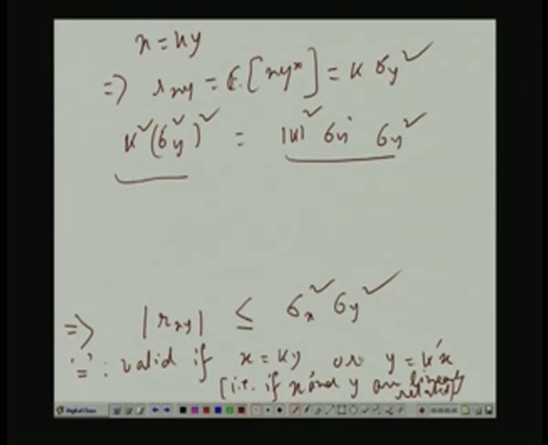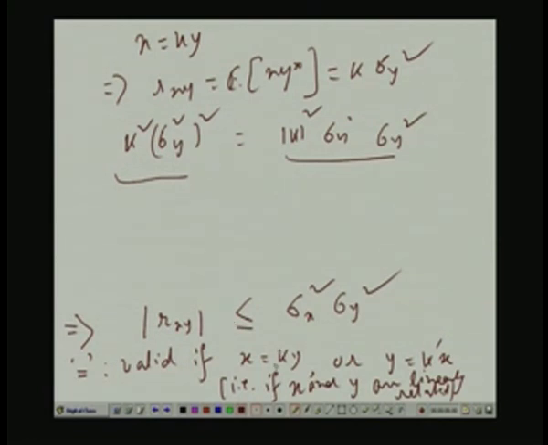Similarly, when y is the 0 random variable and x is not, I can write that as y equal to k prime x where k prime is 0. So, these two cases, x equal to k y or y equal to k prime x, take care of all types of linear relations between x and y. Okay. And whenever this is satisfied, we can see that the inequality becomes equality.